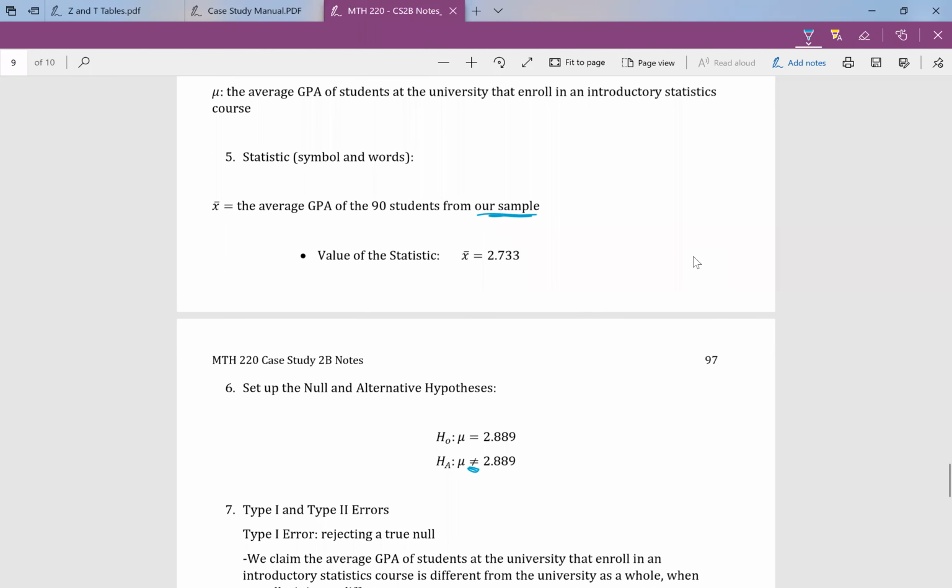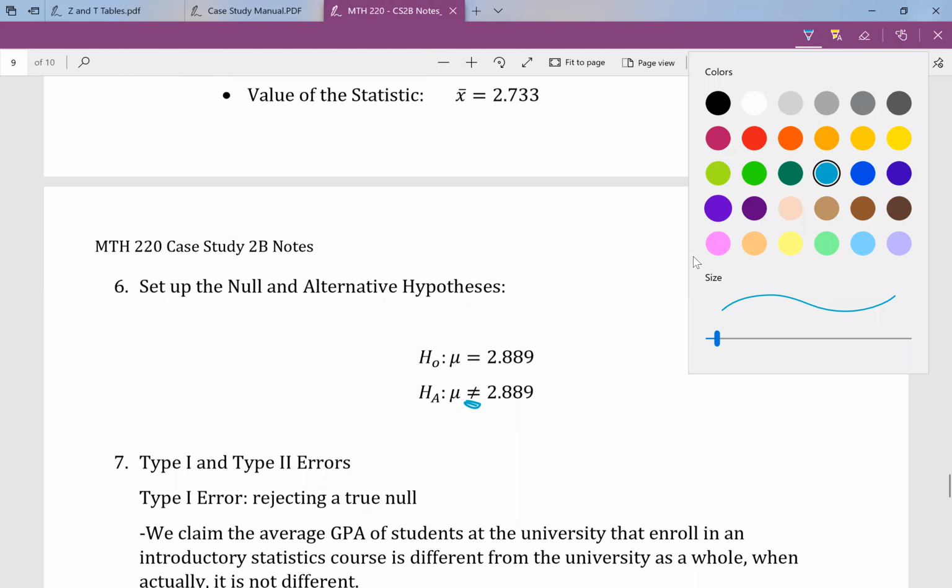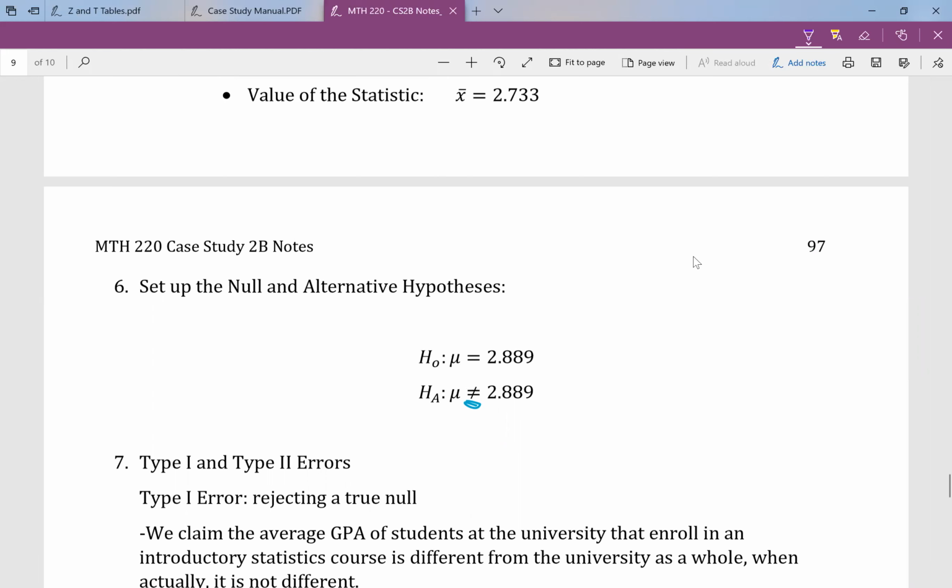So I try to use some colors to convey what I'm talking about. What does it mean to reject? It means we claim the average GPA of a student at the university that enrolled in the introductory statistics course is different from the university as a whole. What I have in parentheses in purple represents rejecting.